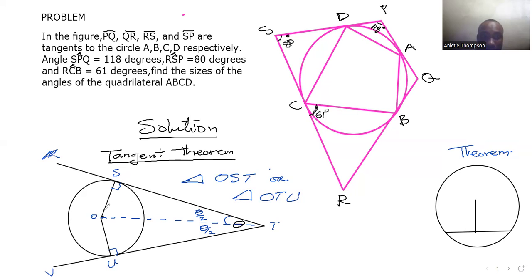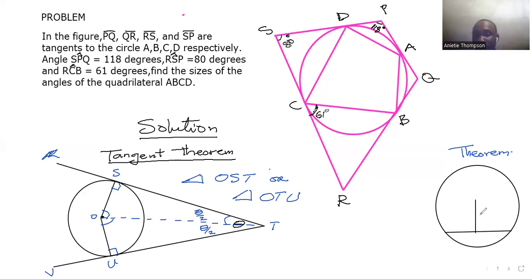So for you to obtain the value of the angle here, which is going to be similar to this one here, you will have to use the right angle triangle principles. And I also want you to observe that the two triangles I just mentioned, OST and OTU, are similar triangles. They have a lot in common.